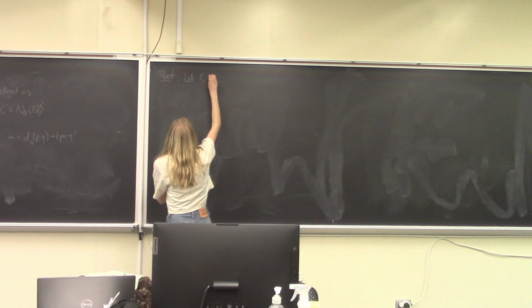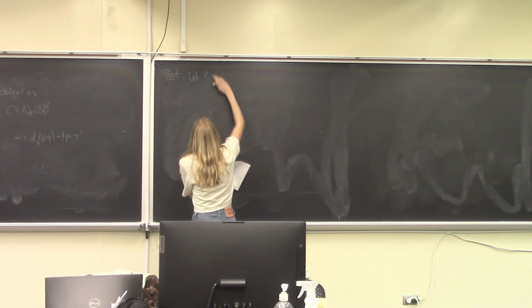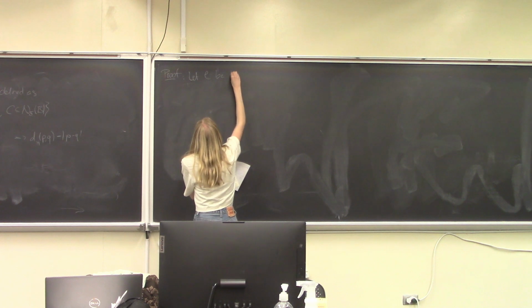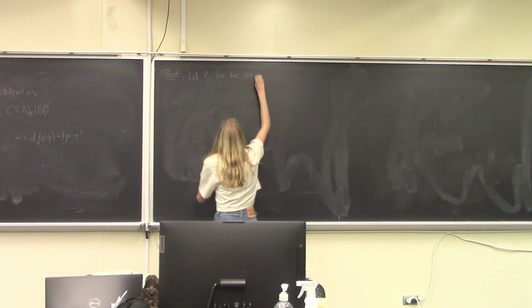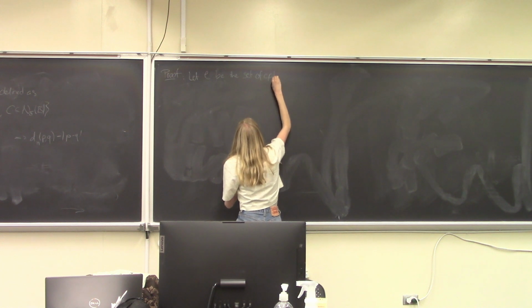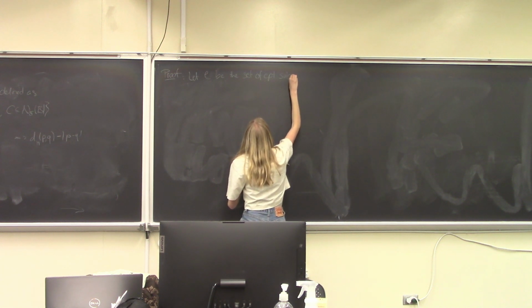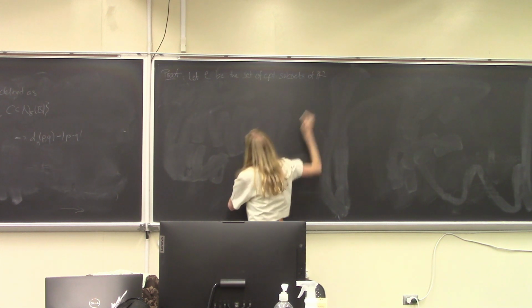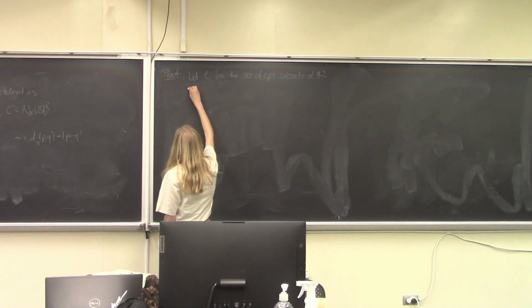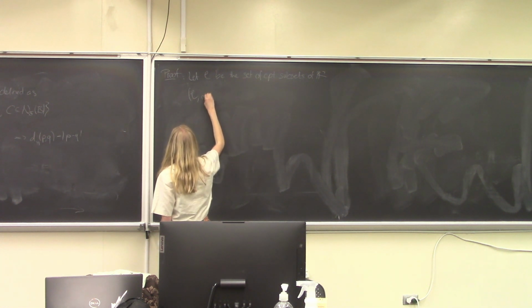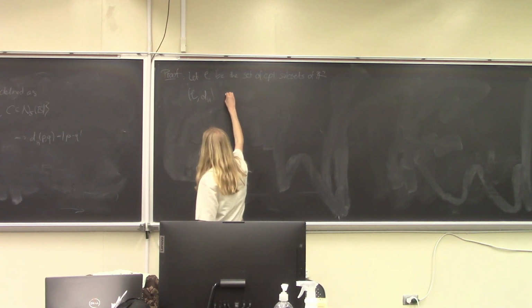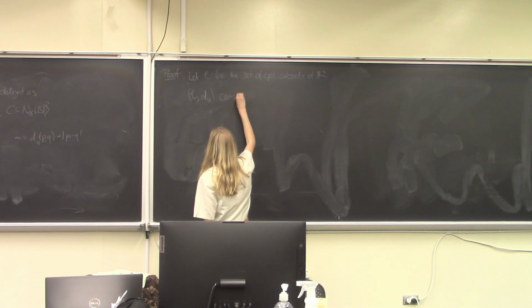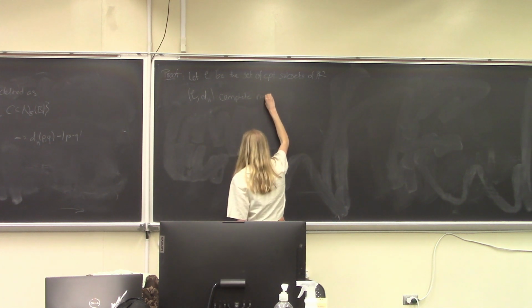we can prove the theorem. I denote by C the set of compact subsets of R2. Now, C, equipped with this distance d_H, is a complete metric space.